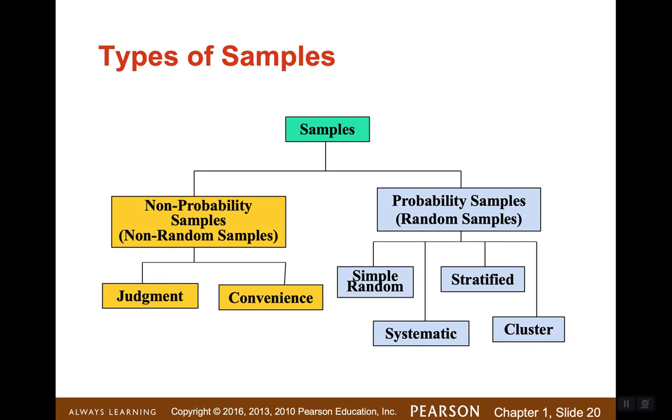These other types of random samples basically involve the creation of a structure. For example, with stratified, we would take ranges of numbers and then select a sample from that.